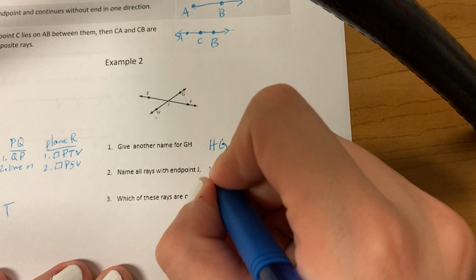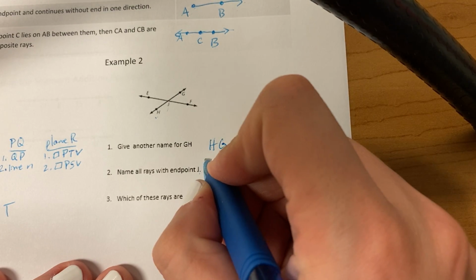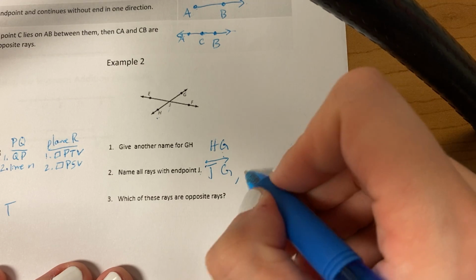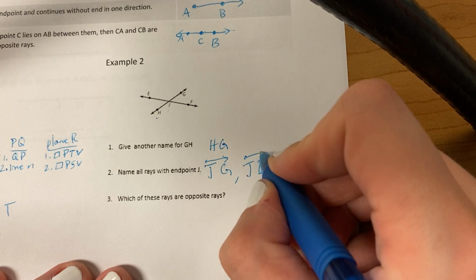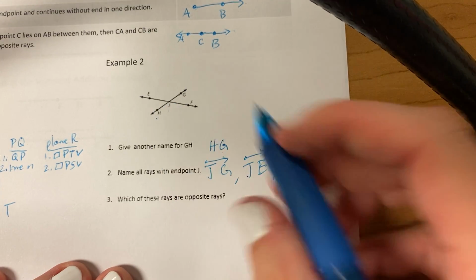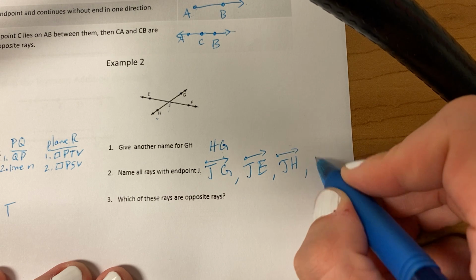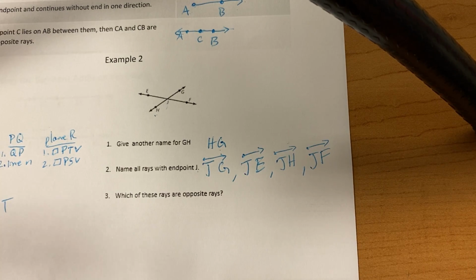So we got JG, and I'll just kind of draw a little symbol like that to show that it's a ray. I'm just going to go around. JE is a ray. JH, and then JF. Okay, there we go.